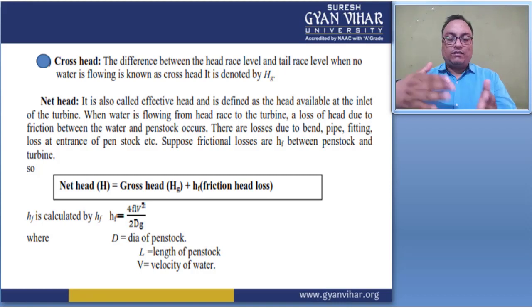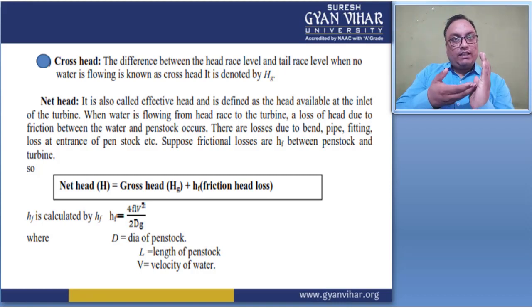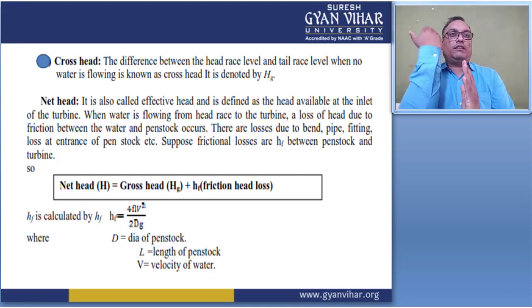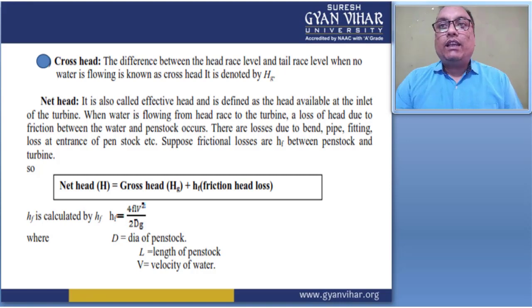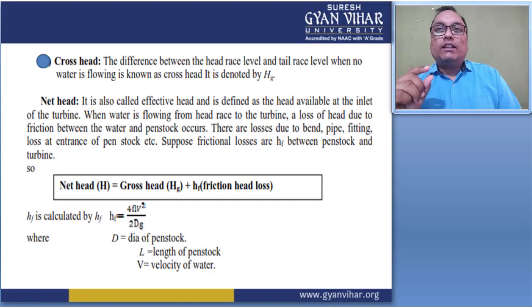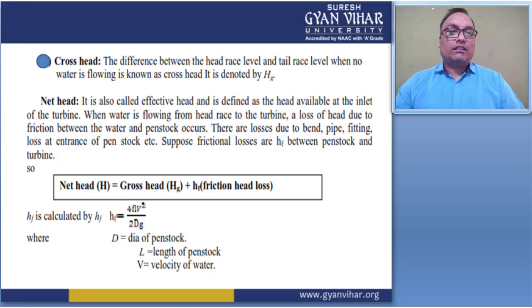Water strikes this bucket, then moves like this, takes a U-turn and falls into the tail race. In general, the inlet angle of the jet is between 1 to 3 degrees after hitting the buckets.